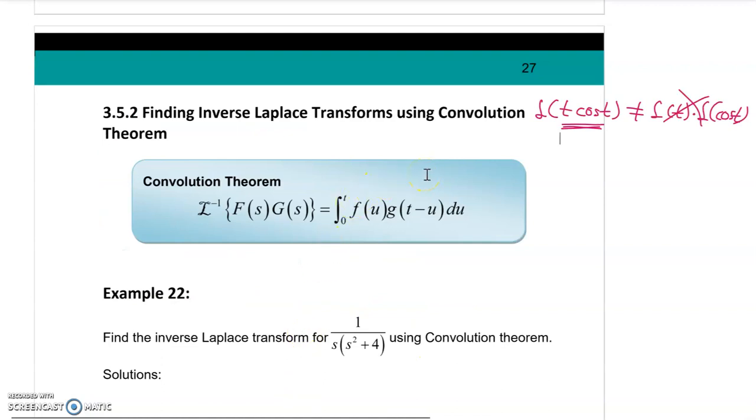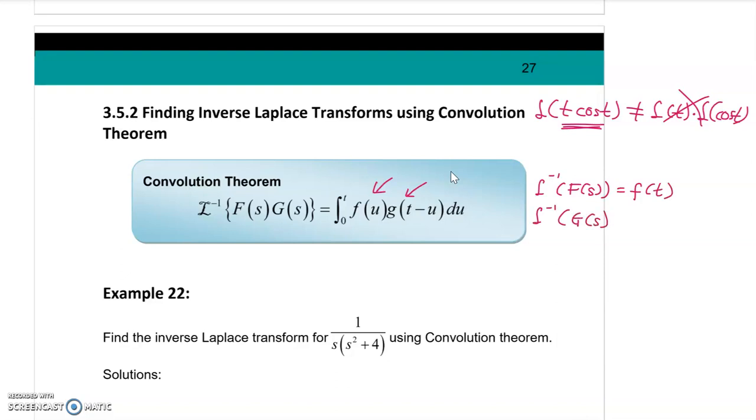So in the convolution theorem, we need to get what is the f and what is the small g. We know that the inverse of F(s) is f(t), and similarly the inverse of G(s) is of course g(t). If we know f(t), we just substitute t with u, and that's the f(u) term.